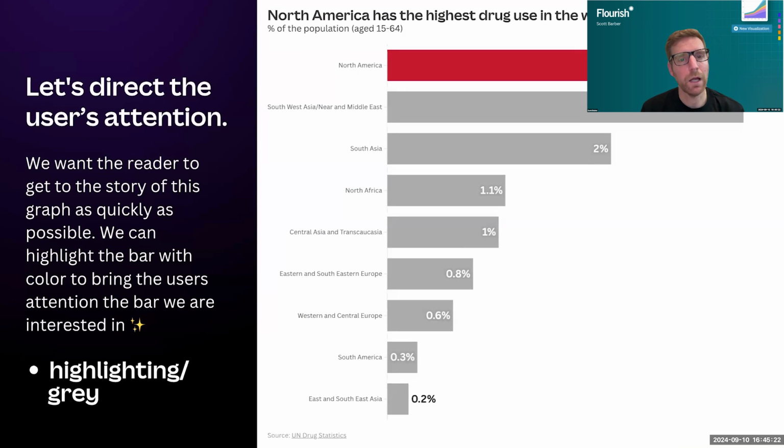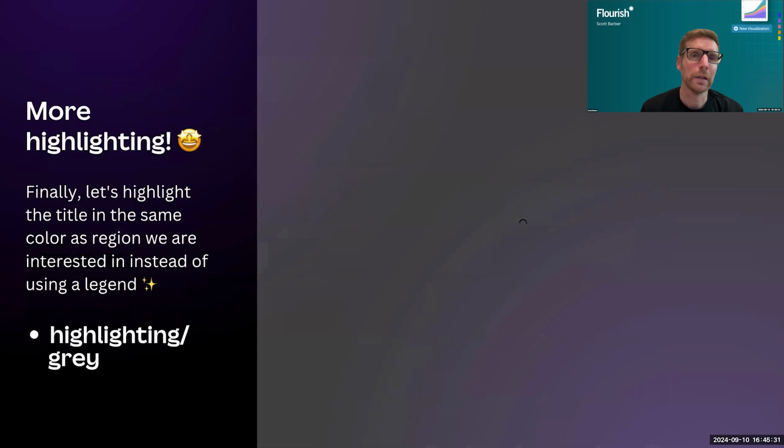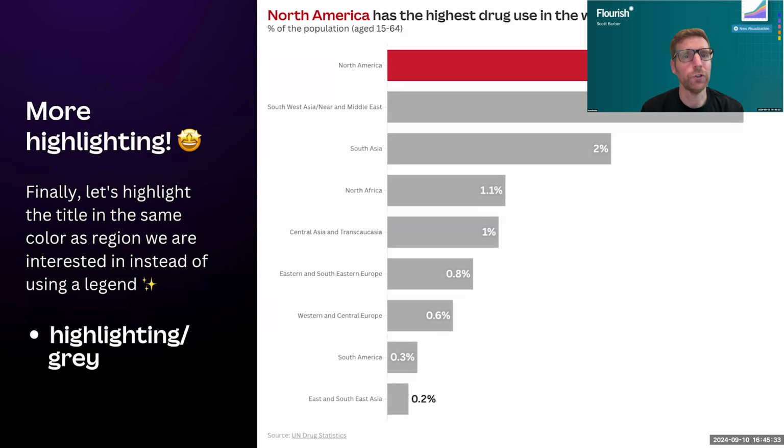So we've used that color idea of coloring the region we want people to look at, and taking the others down to gray. And then we've also matched that up in the title, so we can immediately recognize North America as the red bar and being the subject of the story.